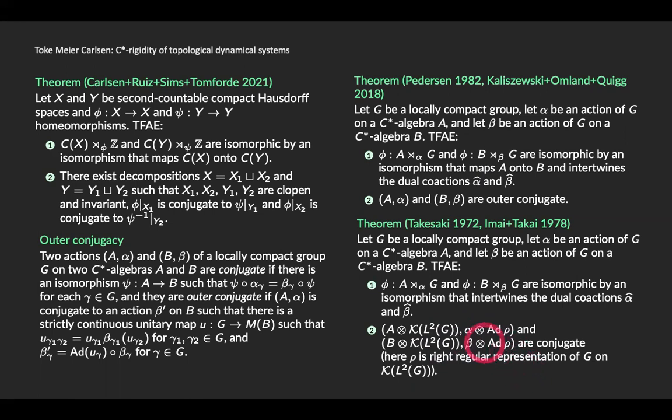And that's simply because if you take the cross product of the dual coactions, then you get something which is isomorphic to this tensor product here. So in that way, you can recover a C*-algebra up to stable isomorphism from its cross product together with the dual coaction.